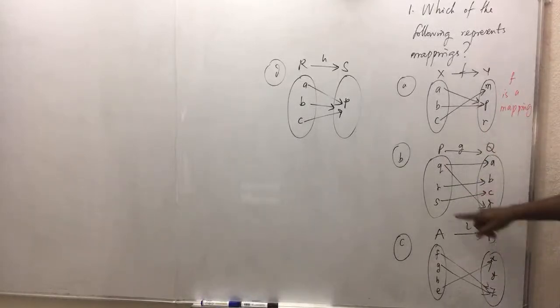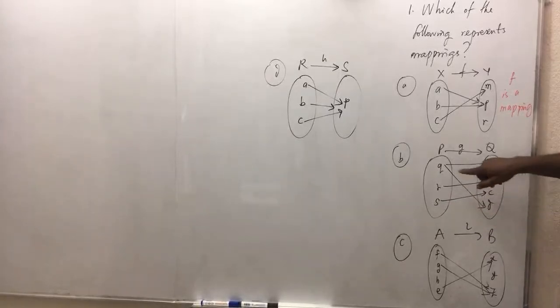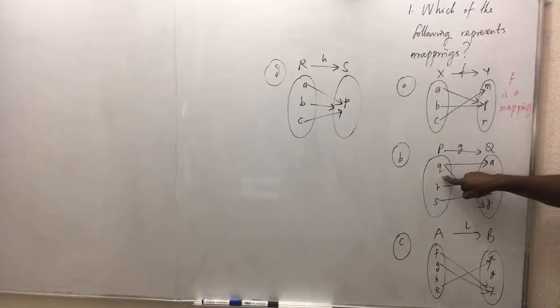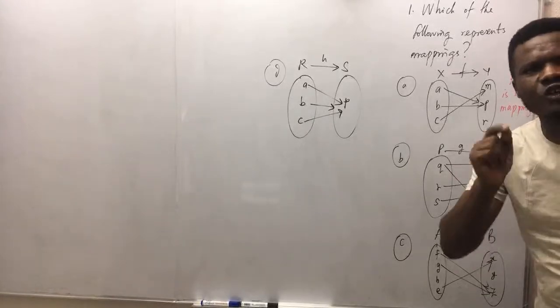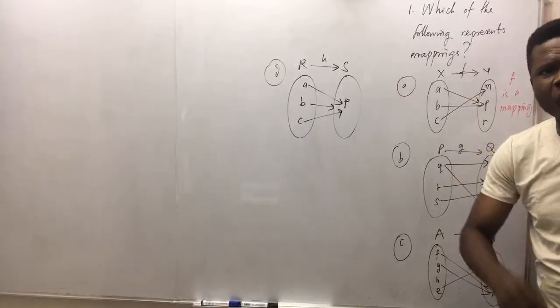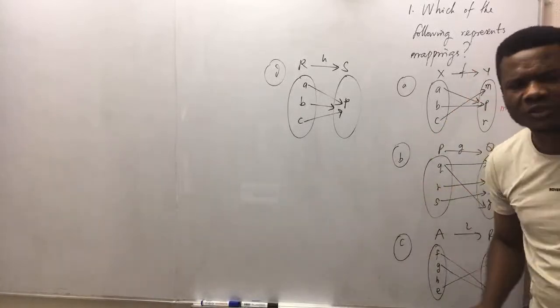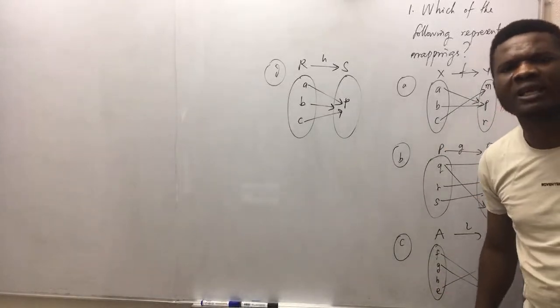But you will notice that whereas R has one image, S has one image, Q, an element in the domain, is having more than one image. And that means that the uniqueness property has failed. Once the uniqueness property, which is one out of two conditions for a relation to be a mapping, fails, it means that that relation is just a mere relation, it is not a mapping.